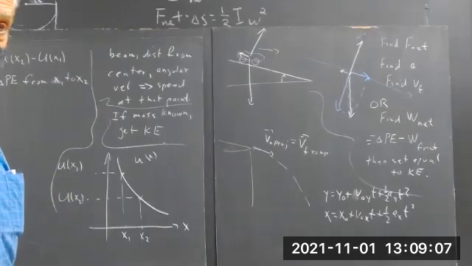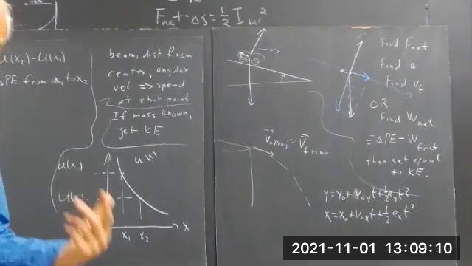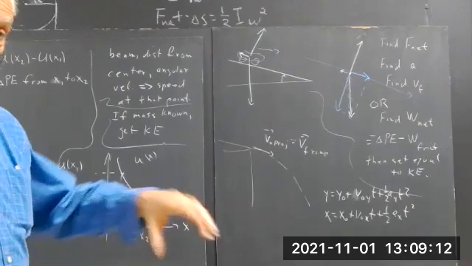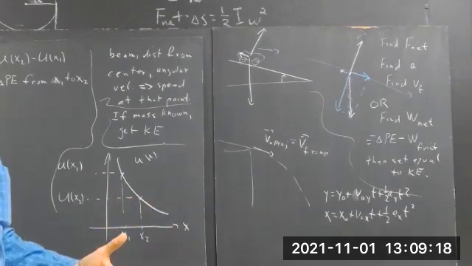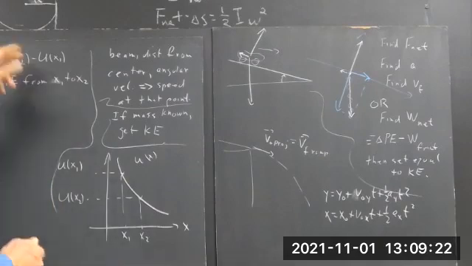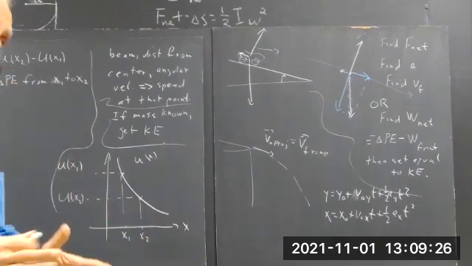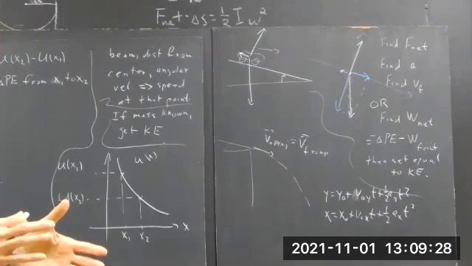What's that do to your kinetic energy? Increases it by your energy change, your conservation of energy. If there's friction, well, then your loss of potential energy tends to increase your kinetic energy. But friction tends to oppose that.